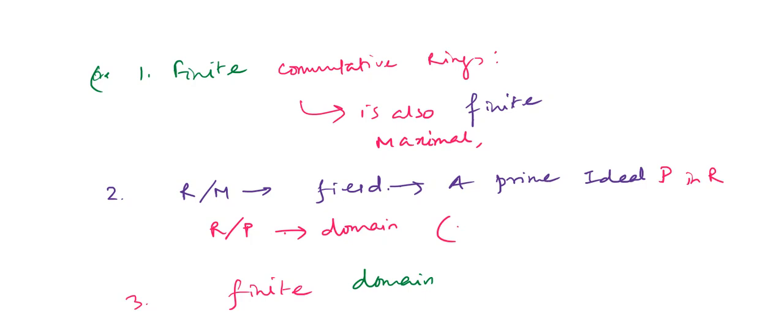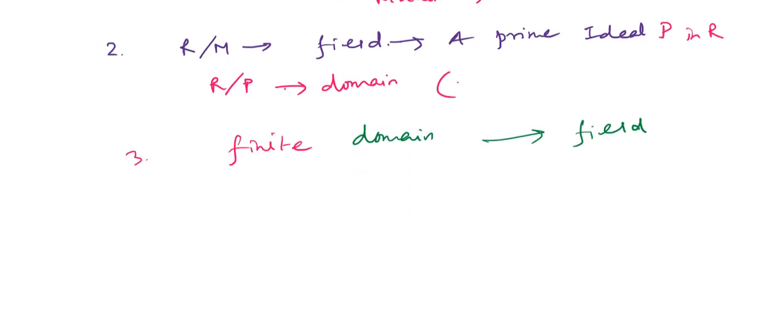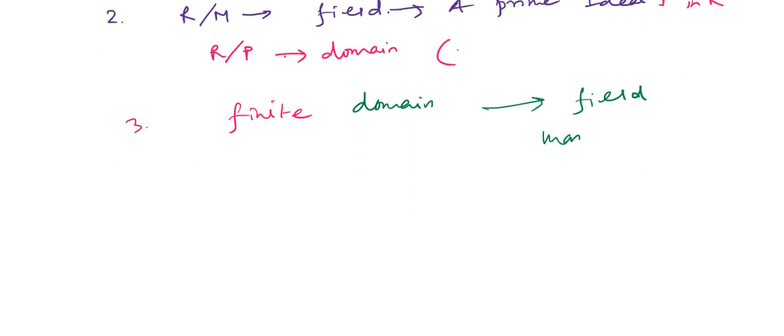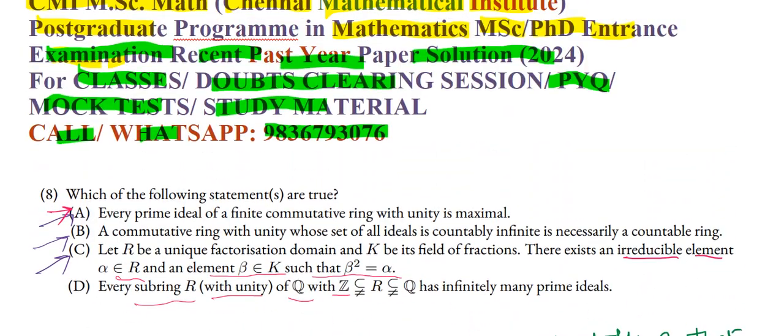Therefore, a finite domain is also automatically a field. And since R by P is a field, P must be a maximal ideal, because the maximal ideals are exactly those for which the quotient ring is a field. So therefore, for those reasons, option A will be the correct option for that question.